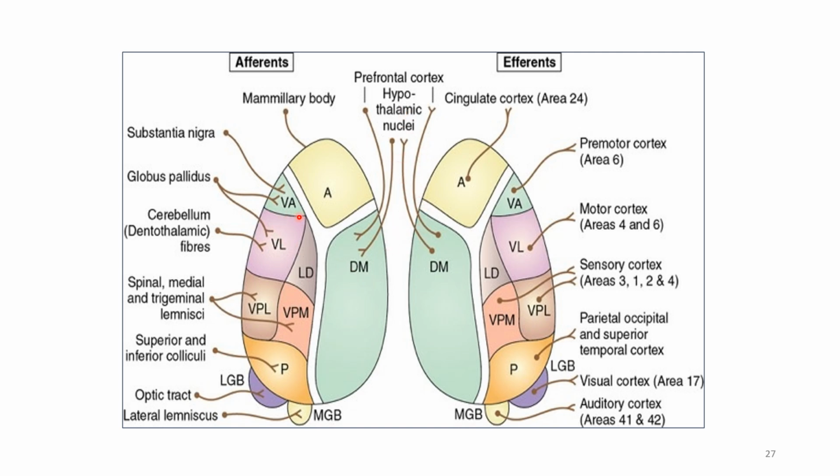VA from the substantia nigra and globus pallidus. VL from the globus pallidus and cerebellum. VPL and VPM from the lemnisci. Pulvinar from the superior and inferior colliculi. Lateral geniculate body from the optic tract. Medial geniculate body from the lateral lemniscus.